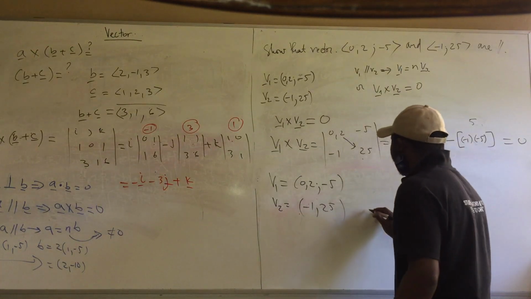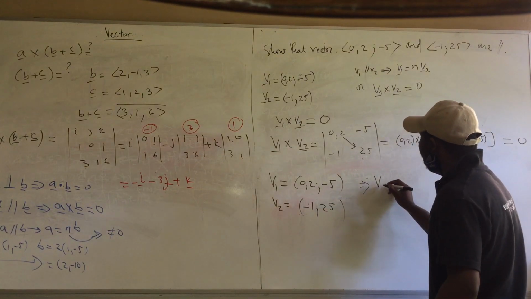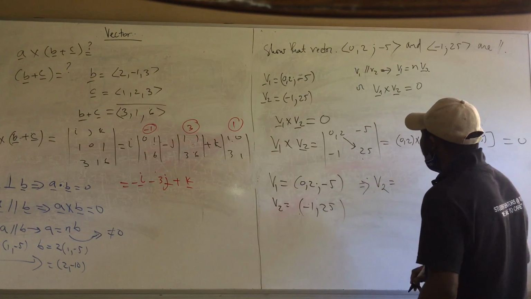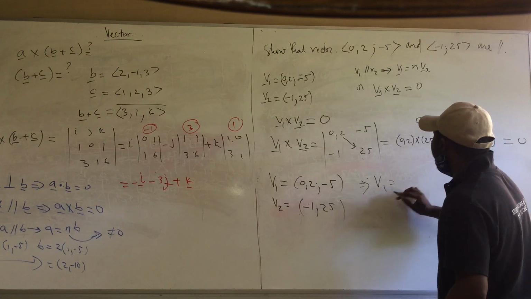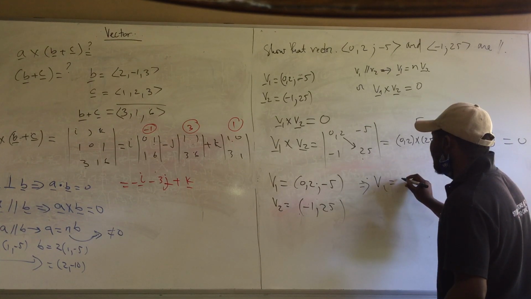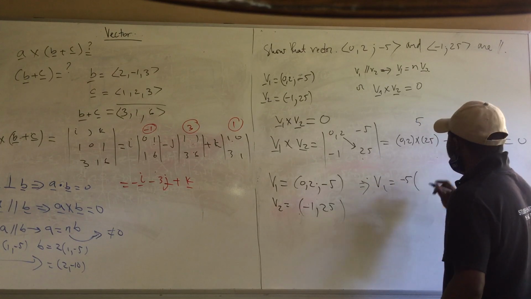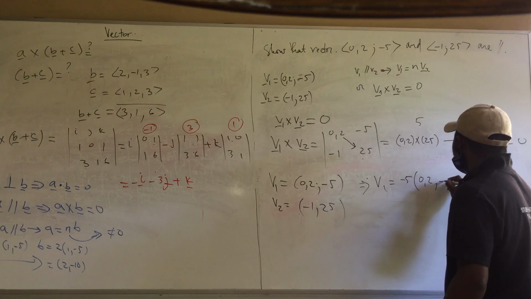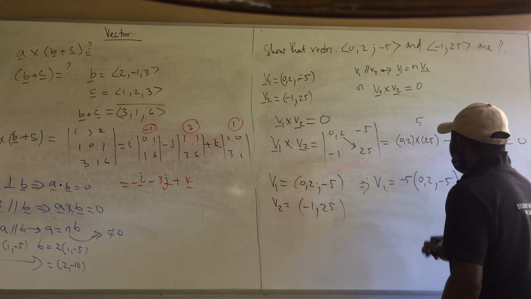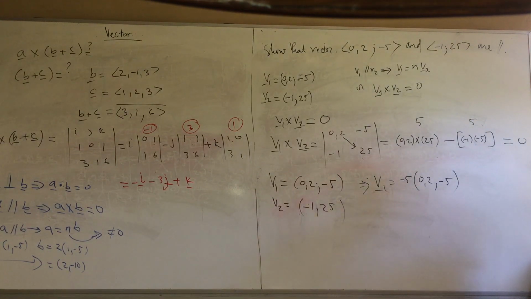We can clearly see V2 equal to minus 5 times V1, like this.